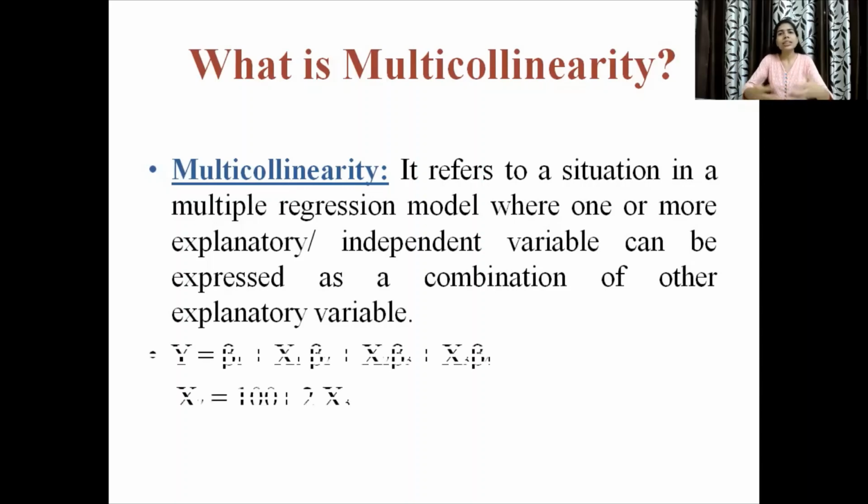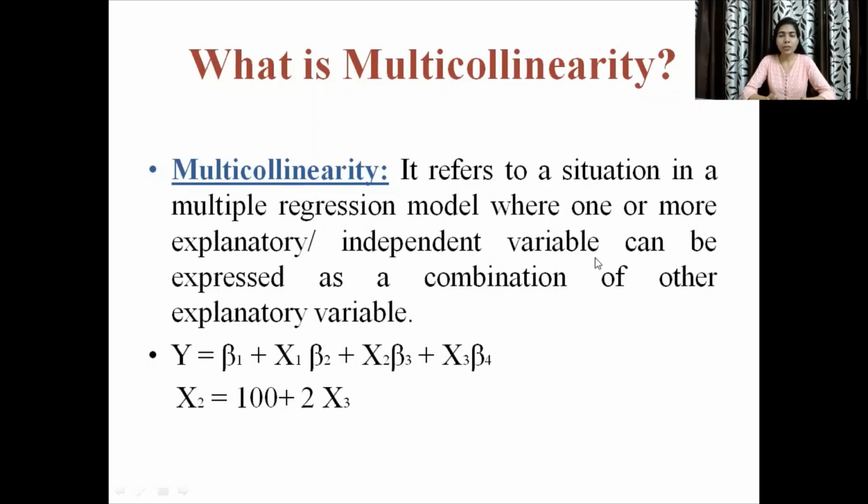Okay. Let's take a hypothetical example. Suppose there is a multiple regression model where y is a dependent variable and x1, x2, and x3 are three independent variables in the model and betas are the regression coefficients. Suppose two variables x2 and x3 can be expressed as a linear combination of one another.